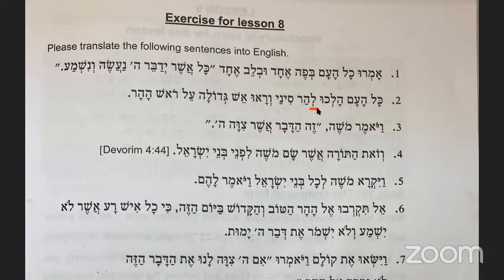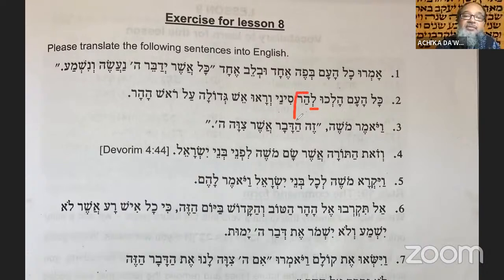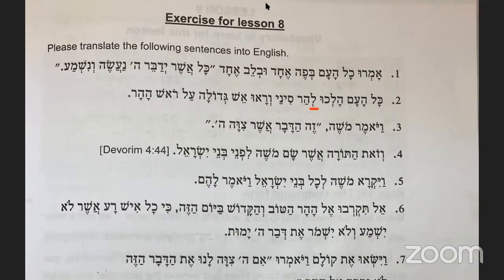And har is what? So they went to lahar. They went somewhere. Where did they go? If you don't know where they went, look at the next word and spell it out. Sinai. Har Sinai. So what's har? Mount. A mountain. You see, you're putting the pieces together.